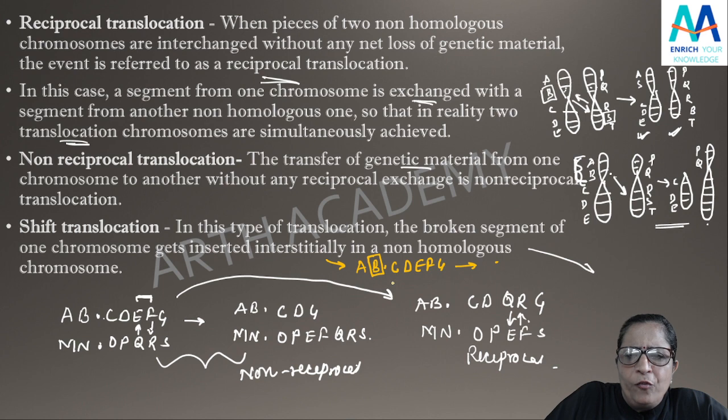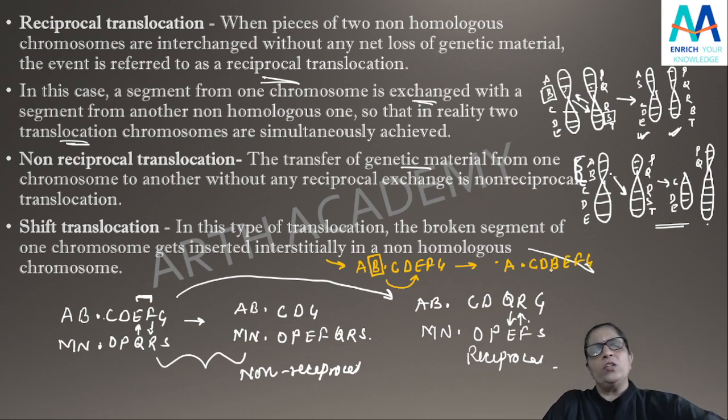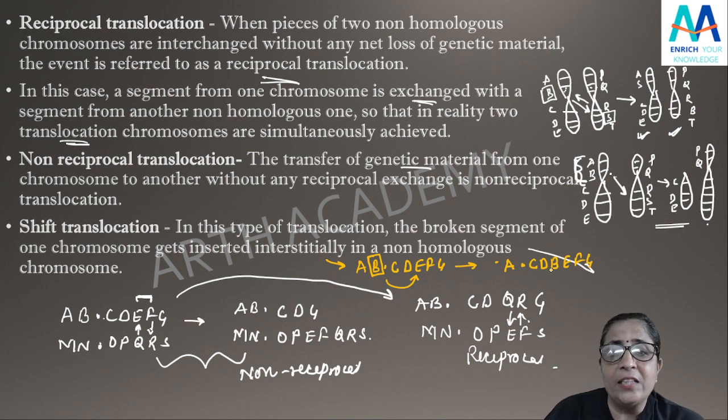So it will move here interstitially, so it will become what? A, then what will be there? यहाँ पर आपका आ जाएगा C, D, B, E, F, G. So this is what is called as the shift translocation. ये क्या हो रहा है? It is in a non-homologous chromosome.